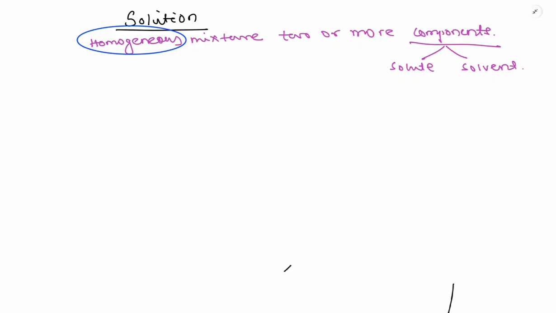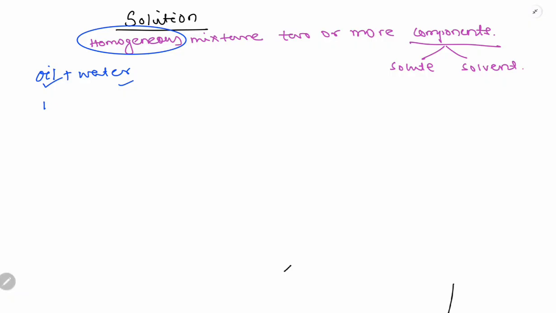Just like if I am adding water to oil, we can clearly observe that it has two components. Oil and water can be identified easily, so it is a heterogeneous mixture.